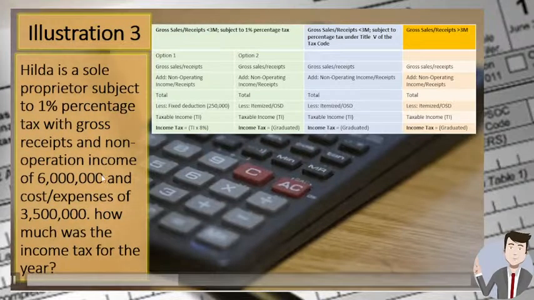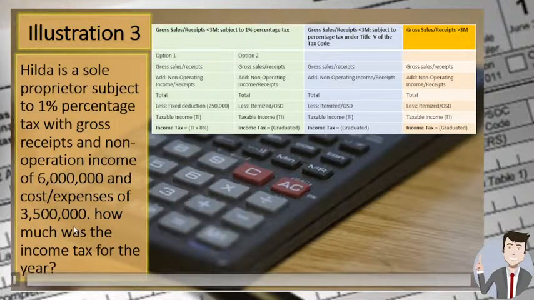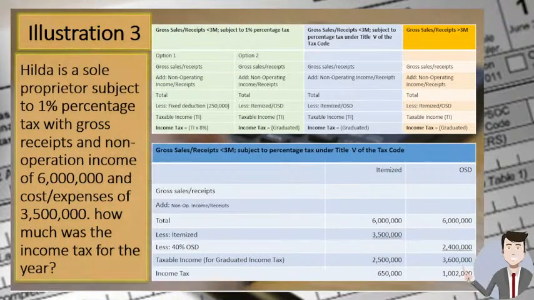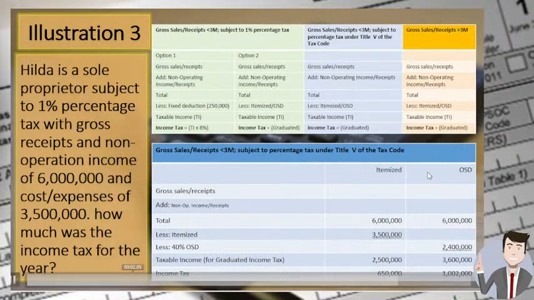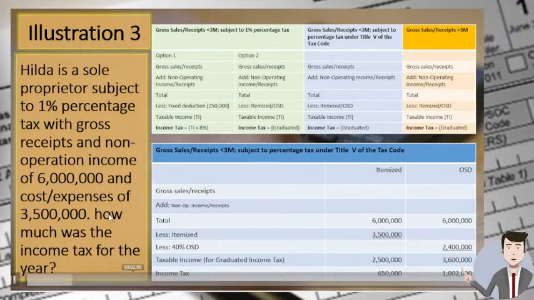And the cost and expenses of Miss Hilda, or simply business expenses, is in the amount of 3,500,000. How much was the income tax of Miss Hilda for the year? Again, Miss Hilda has the option to use itemized or OSD. Gross sales and non-operating income of Miss Hilda is in the total of 6 million. Itemized, it is provided in the problem, that is 3,500,000.